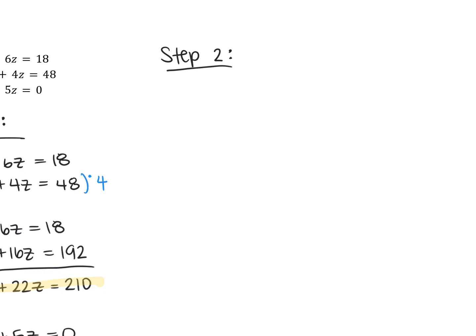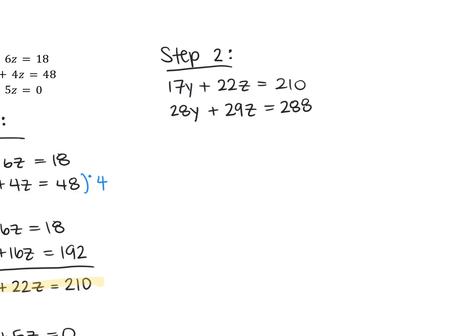So I'm going to write my system that I'm going to be solving. 17y plus 22z equals 210. And 28y plus 29z equals 288.